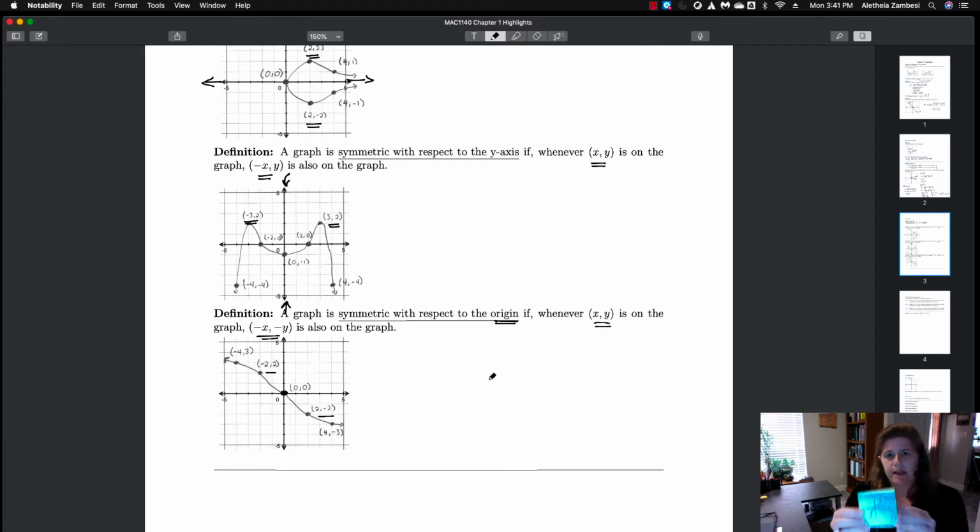So here's an example of a graph. This is an example of the cubic function, and this graph has origin symmetry. Now, if I were to take this paper and just flip it upside down 180 degrees, it looks the same. So something with origin symmetry, flip it over. If it looks the same, it has symmetry with respect to the origin.